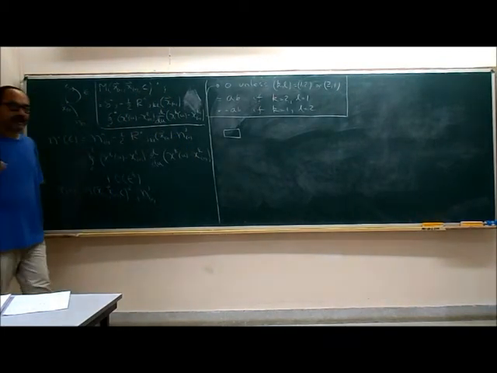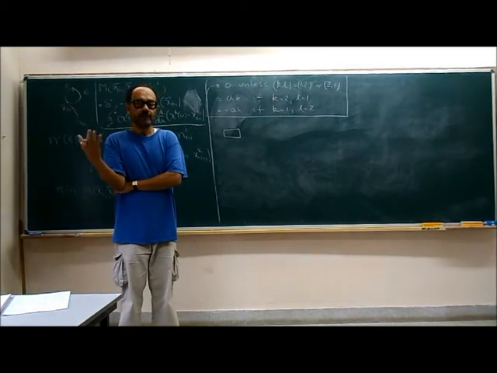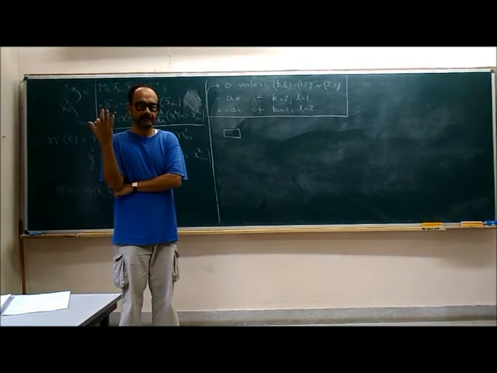Now we want to see to what extent we can prove the other way. Namely, suppose somebody has given you that Rijkl is 0. Can we prove that the monodromy around any closed curve is identity? This is our goal.